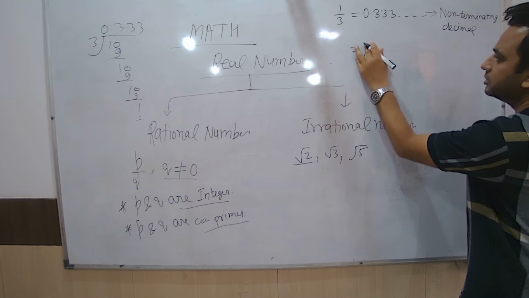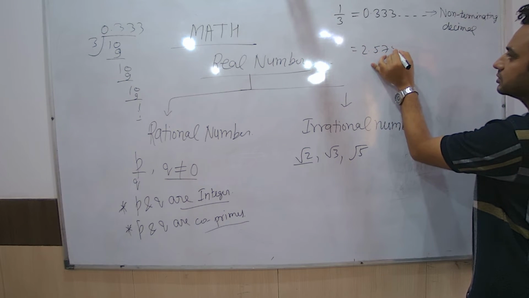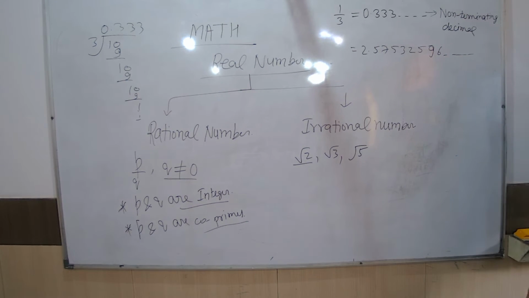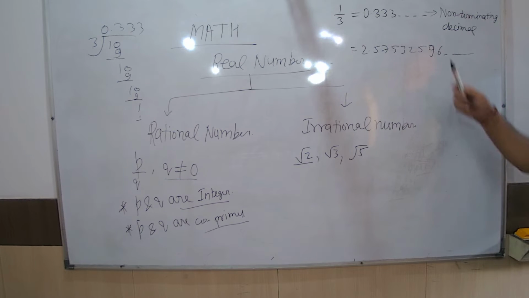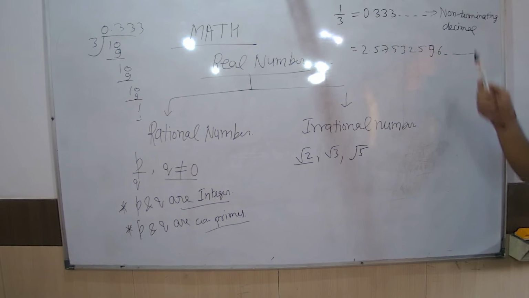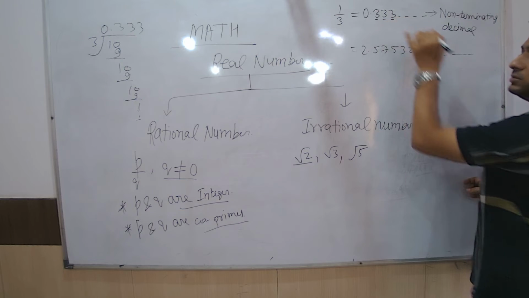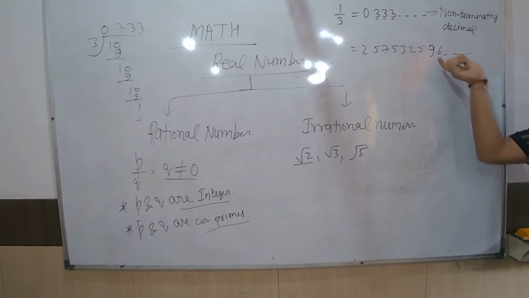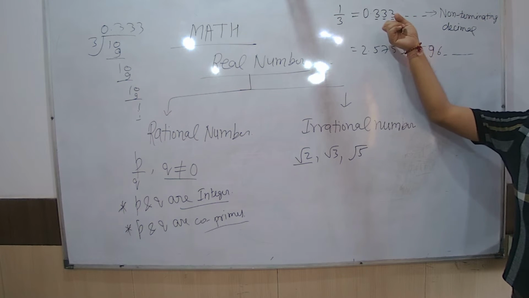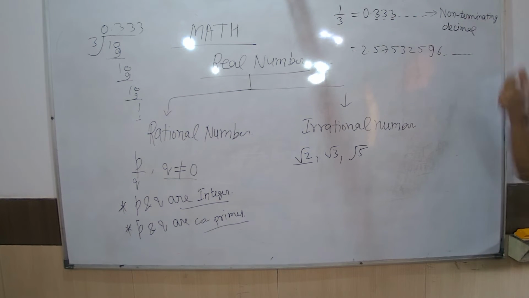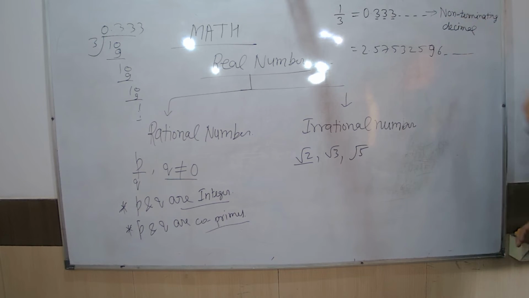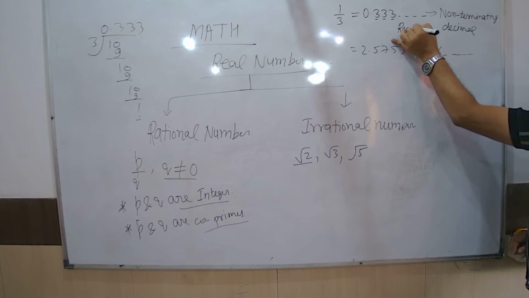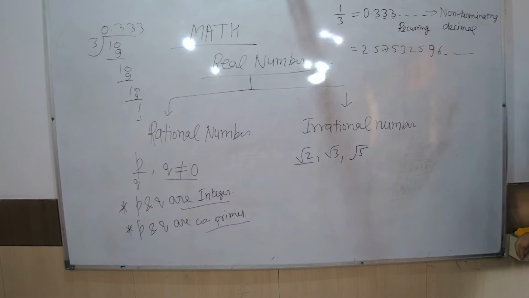Let's say 2.57532596, this is also non-terminating, ठीक है। लेकिन इन दोनों में थोड़ा सा डिफरेंस है, देखो। इसमें क्या होगा, एक ही डिजिट बार-बार रिपीट हो रही है, ठीक है। इसमें कुछ भी रैंडम आ रहा है, ठीक है। तो जब भी रिपीट हो, कोई पैटर्न, we got some pattern, ठीक है। So we can say that this is non-terminating, but we can say that it's a recurring और repeating, okay.